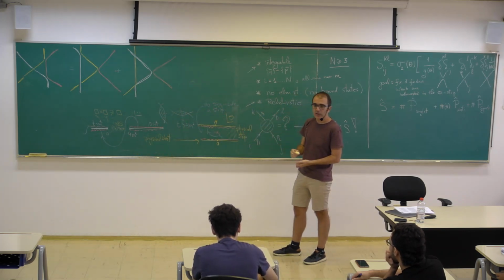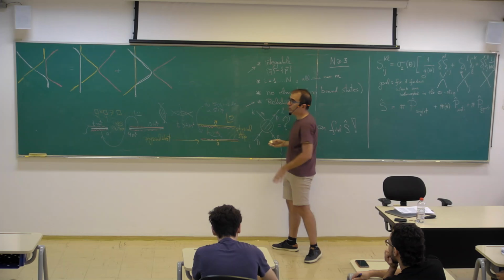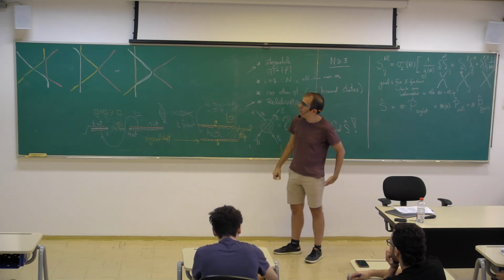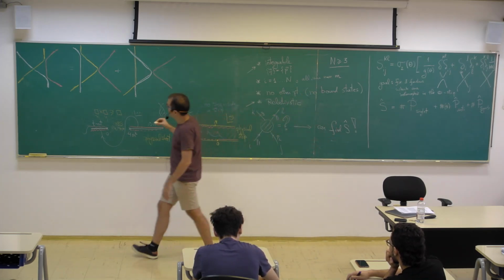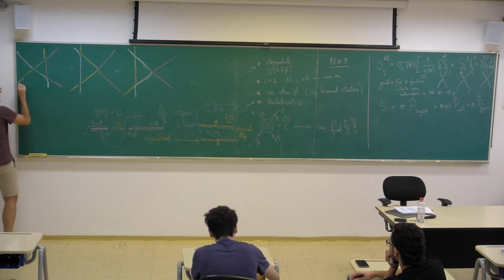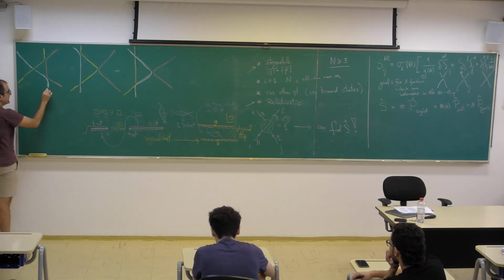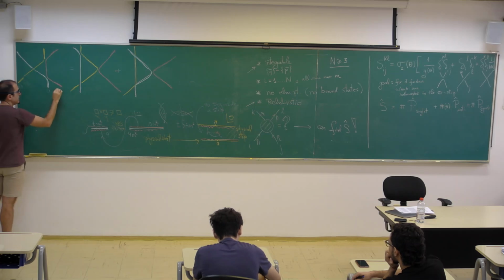You agree? Now let's translate this into equations. Let's say that this particle is with some rapidity theta. This one is at rest, let's put 0. And this one is moving in this direction with rapidity minus theta prime.